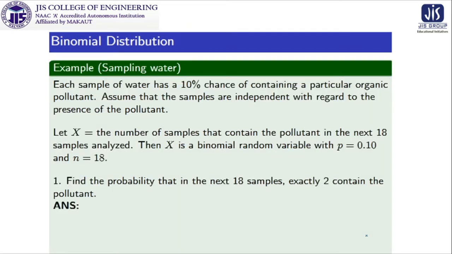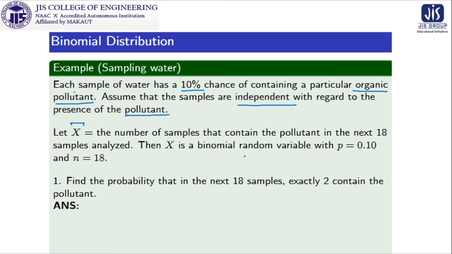One more problem is for you for both-way participation: consider that a sample of water has a 10% chance of containing a particular organic pollutant. We have to assume that the samples are independent with regard to the presence of this pollutant. So we write X as the number of samples that contain the pollutant in the next 18 samples analyzed.